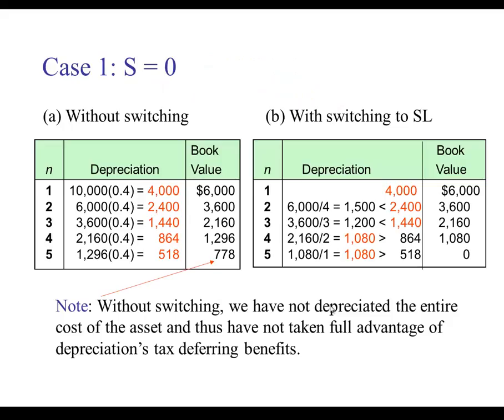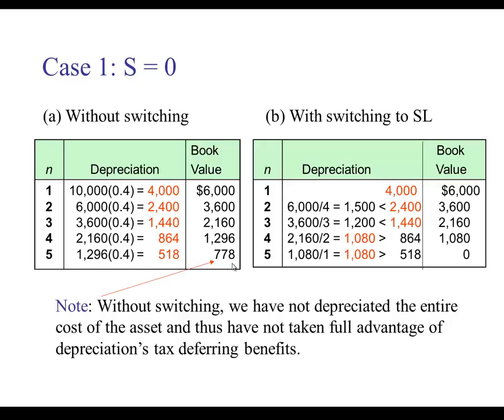So what is the benefit of switching from the declining method to the straight line method? If you calculate the depreciation without switching, at the end you will get a book value of 778, based on multiplying the 40% with the value that will be left once you subtract.